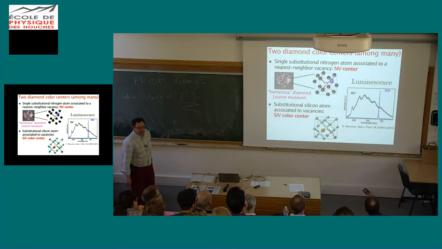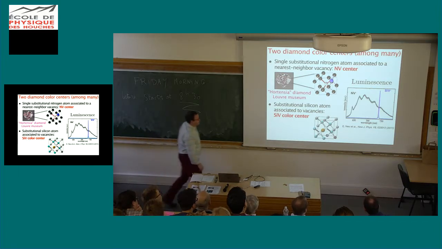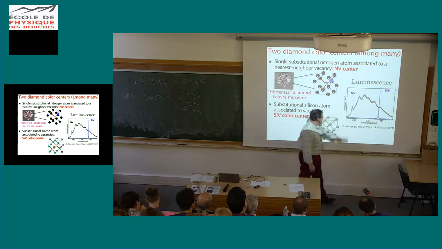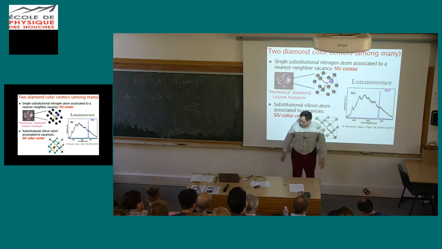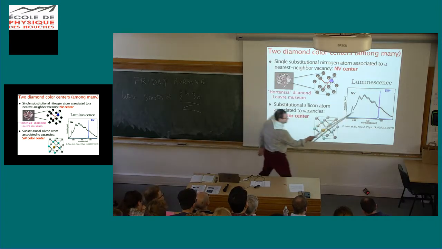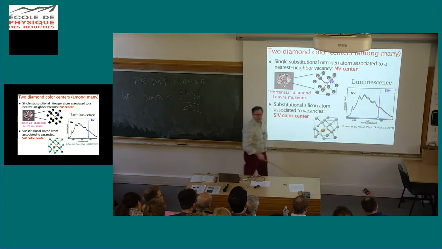The NV center, at room temperature, has a very broad luminescence, which starts from the zero phonon line at 637 nanometers. I will explain what the zero phonon line is. It has a width of more than 100 nanometers.